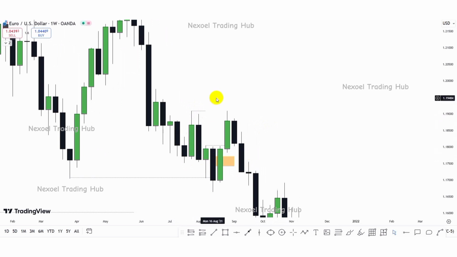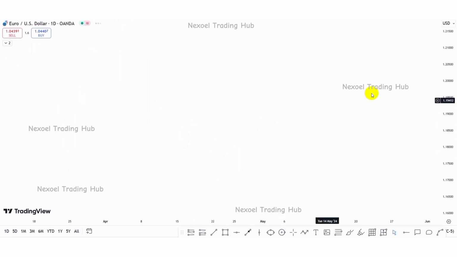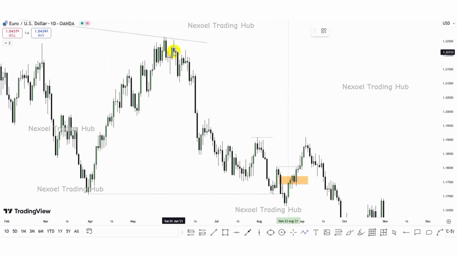I want you to really understand it. Let's go back to the daily and mark out the structure inside it. We have this fall, and we have this pullback. I want to mark it out from the daily so that we go to the weekly and you see something. This is a pullback because this took out the high of the lowest.